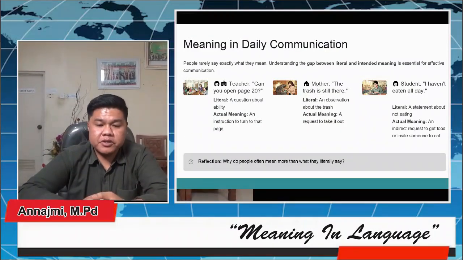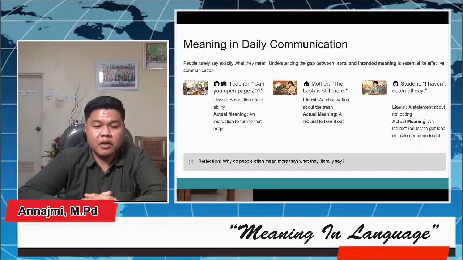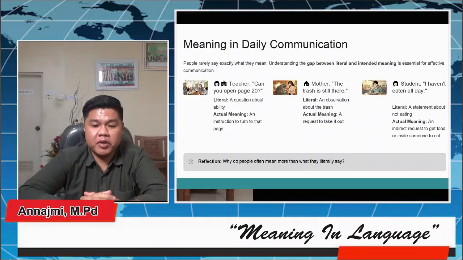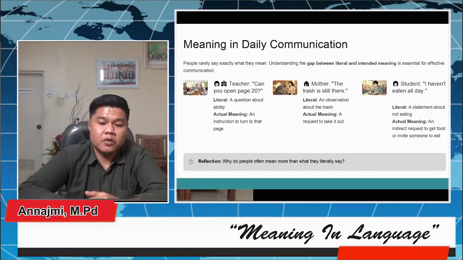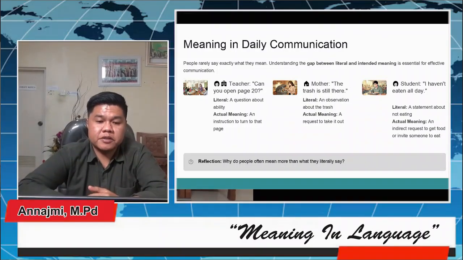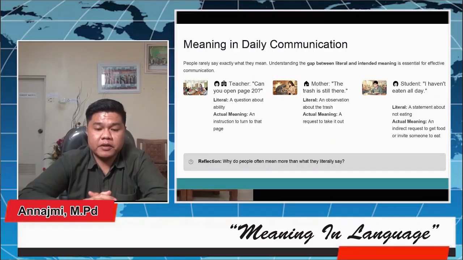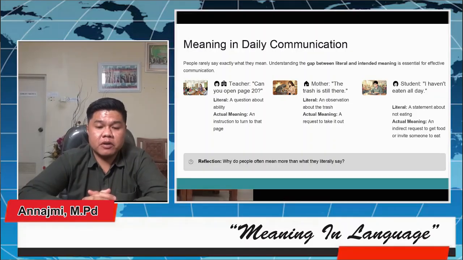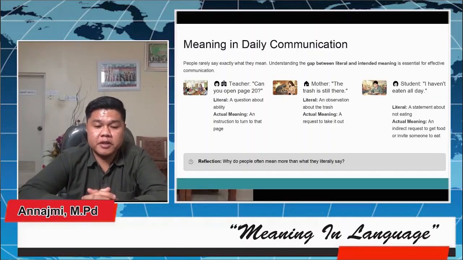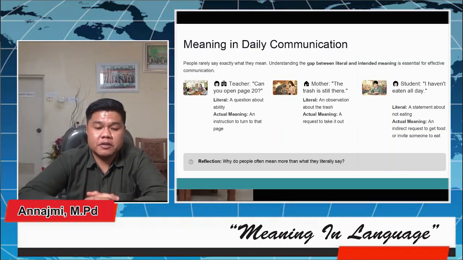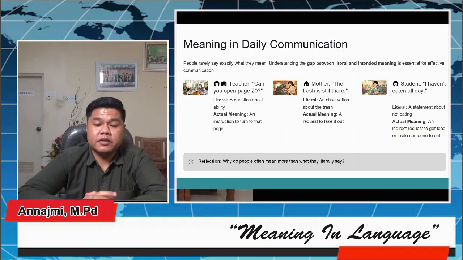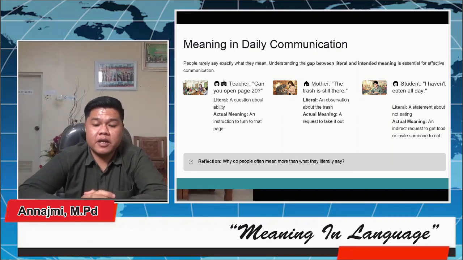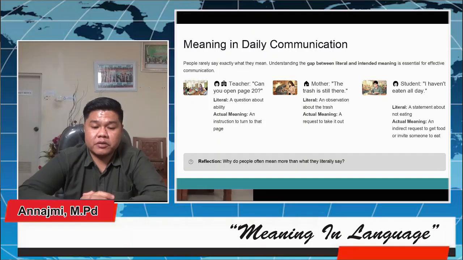In every communication, people rarely say exactly what they mean. For example, when a teacher says, "Can you open page 20?" the sentence looks like a question about ability. However, the actual meaning is an instruction. Similarly, when a mother says, "The trash is still there," she is most likely asking someone to take it out.